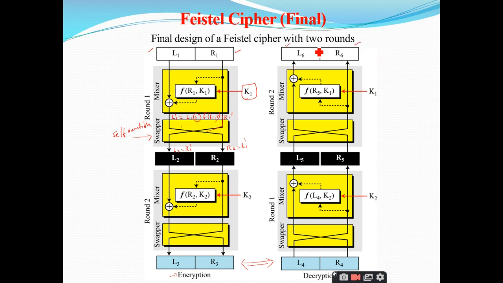If you apply the formulas and simplify, you can observe that L6, the left part received at the receiver end, is equal to L1, the left part of the original plain text. Similarly, R6, the right part received at the receiver end, will be equal to R1, the right part of the actual plain text. So, this is the final Feistel design that has been given by Feistel. Is it clear?